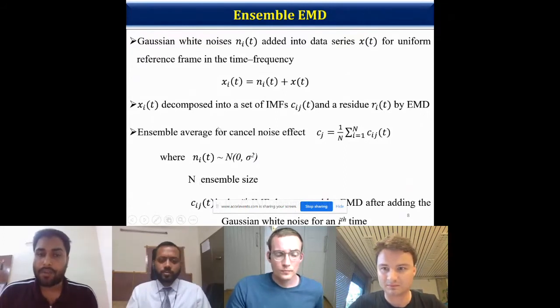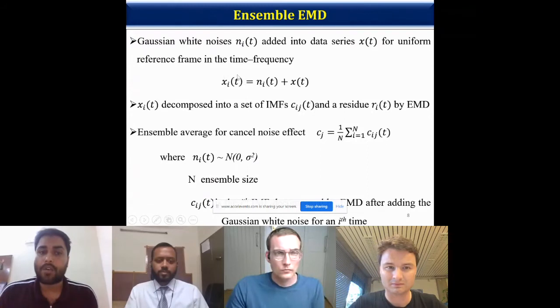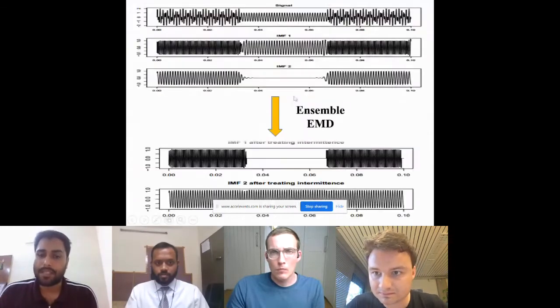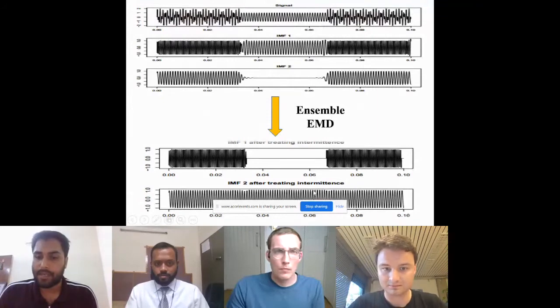Whenever we get a new noisy series, we run EMD on each and every series, and after running it N times, we have to average to find a single IMF. So here, with this decomposition, our low frequency is separated into IMF2, and our high frequency is always kept in IMF1.